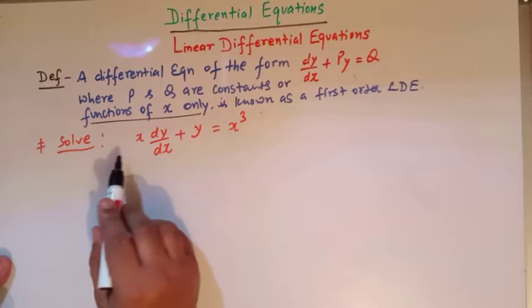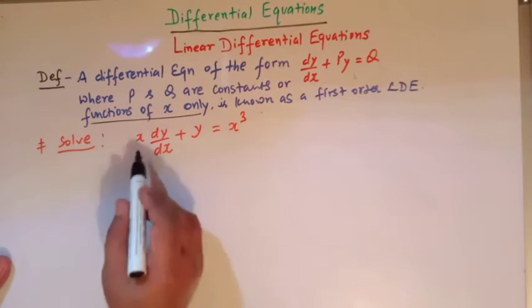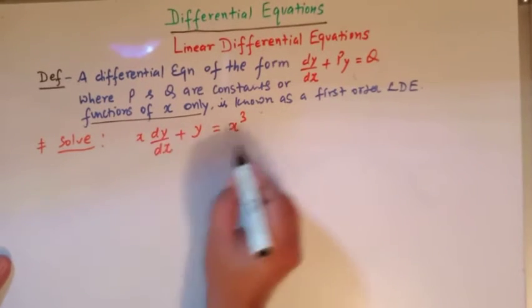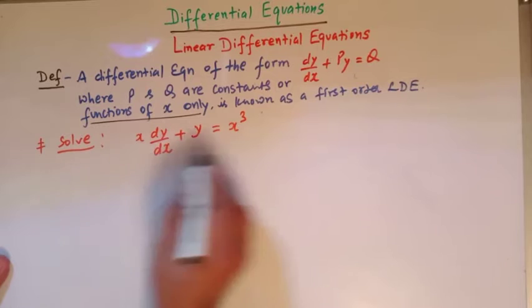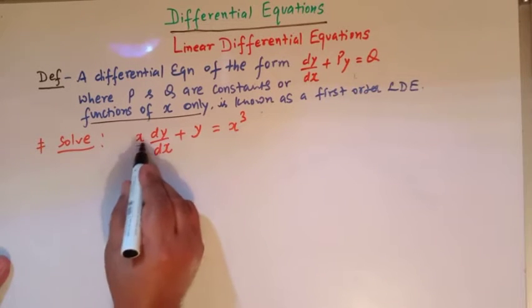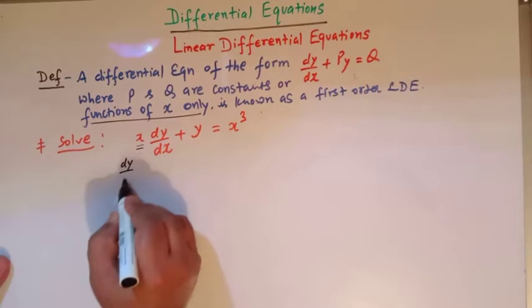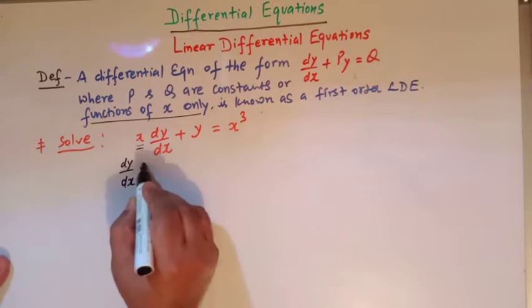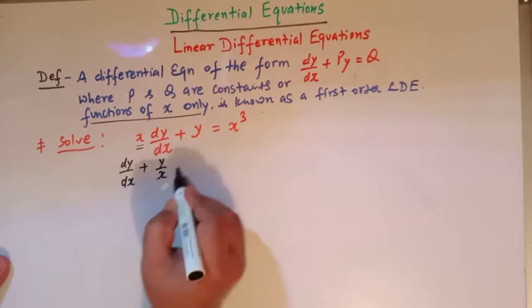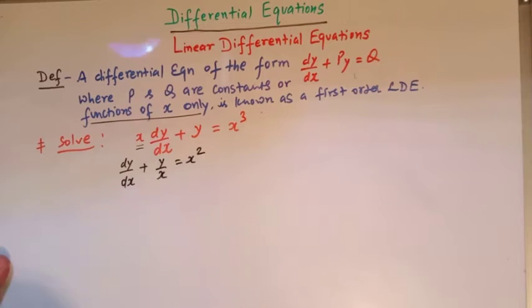Now viewers, let us take this problem. Here we have to solve this equation, and let us divide both sides by x. Clear? So we have dy over dx plus y over x is equal to x square. Clear?